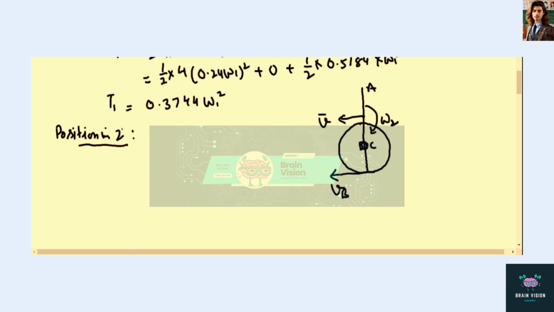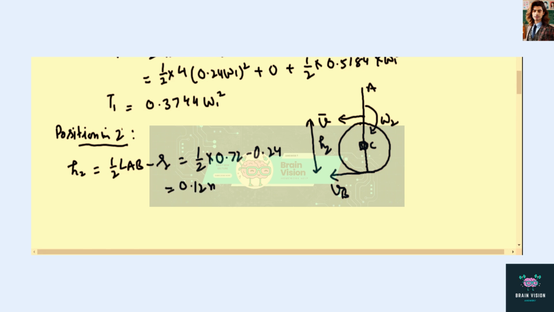So in this case, H2 will be half of AB minus R, 0.72 minus 0.24, that is 0.12 meter.